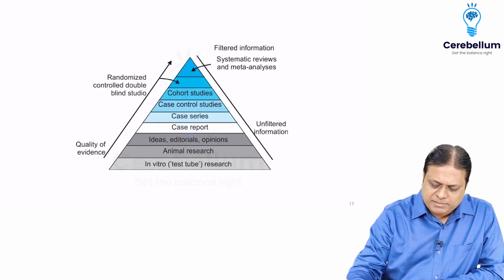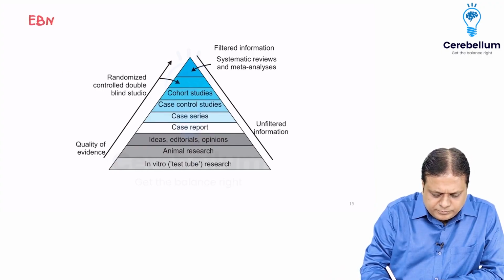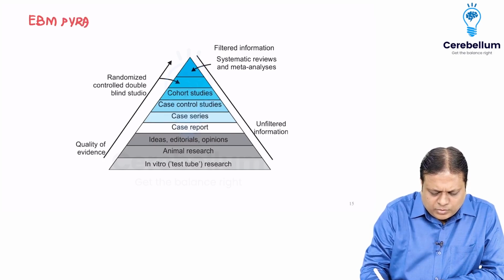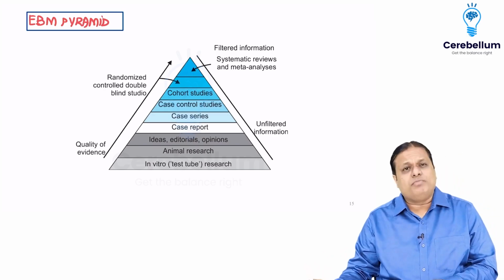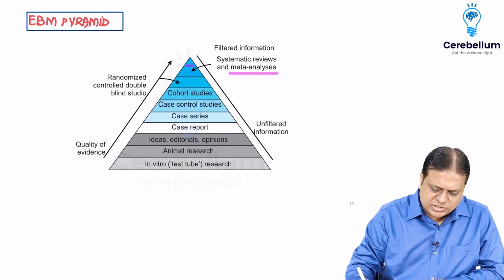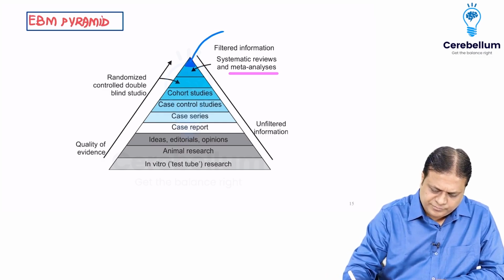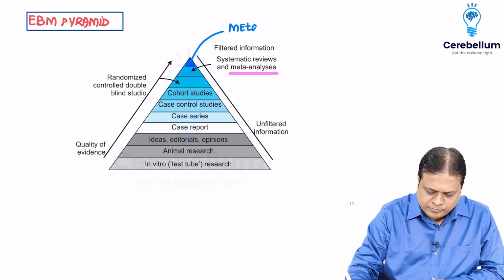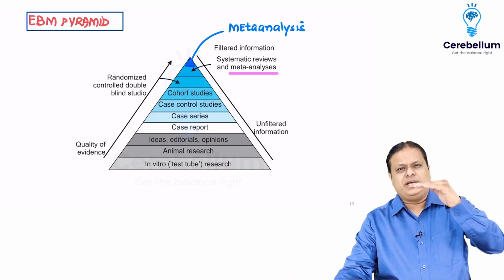This is the EBM, evidence-based medicine pyramid. Now, as we have discussed, in the evidence-based medicine pyramid, what is kept at the top of the pyramid is meta-analysis. So meta-analysis is kept at the top of this pyramid always. If you cannot do meta-analysis, go for systematic review.